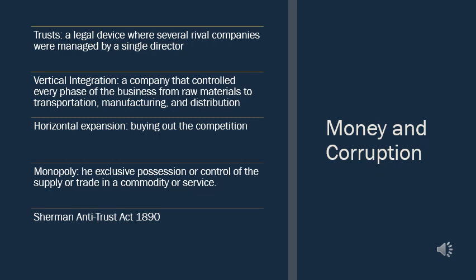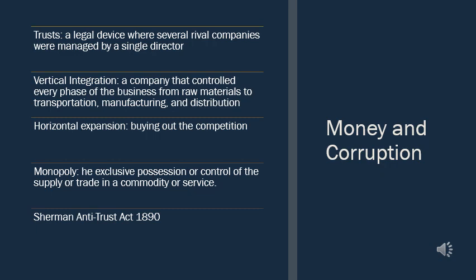That's vertical integration. Horizontal expansion, that's where we start to get into some more legally murky areas because that's buying out the competition. And so if you see McDonald's sees that they're getting competition from, gosh, I don't know, Burger King.